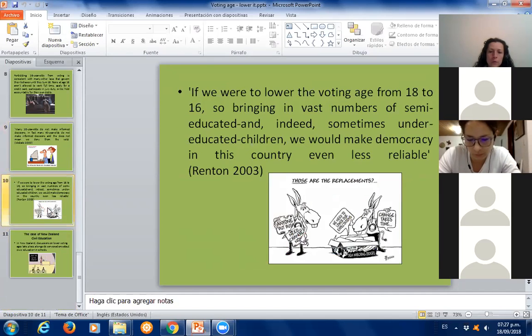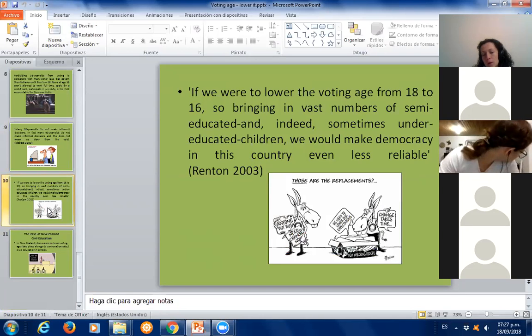Here we have another one. It says, if we were to lower the voting age from 18 to 16, so bringing in vast numbers of semi-educated and indeed sometimes undereducated children, we would make democracy in this country even less reliable.